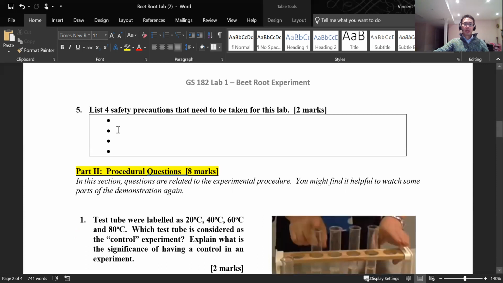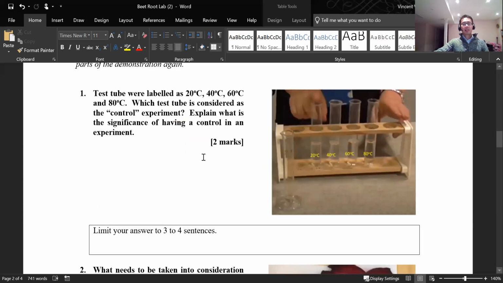Most people got this one right. You will lose marks if you just list a bunch of stuff. I have people who put down goggles, knives, gloves, aprons. What about them? You have to explain a little bit. The test tube that is the control is the 20 degree. Remember, a control is something that you don't manipulate.